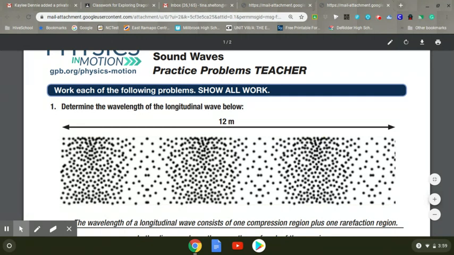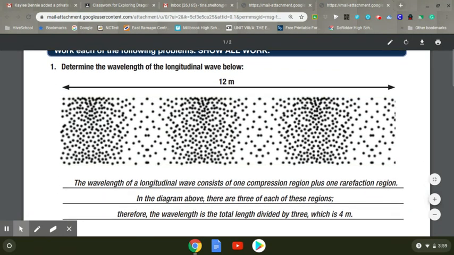The wavelength of a longitudinal wave consists of 1 compression region plus 1 rarefaction region, and in the diagram above, there are 3 of each of these regions. Therefore, the wavelength is the total length divided by 3. You've got 12 meters there. Divide that by 3. 3 goes into 12 4 times, and that gives you 4 meters as your wavelength.